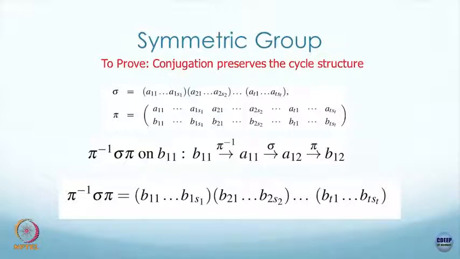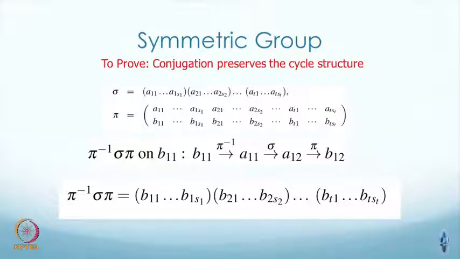We want to prove conjugation preserves the cycle structure, that is the motivation. So, we want to do pi inverse sigma pi. Pi is some arbitrary permutation element in the same symmetric group of the degree which was there for sigma. If you do pi inverse sigma pi on B11, what does pi inverse do on B11?